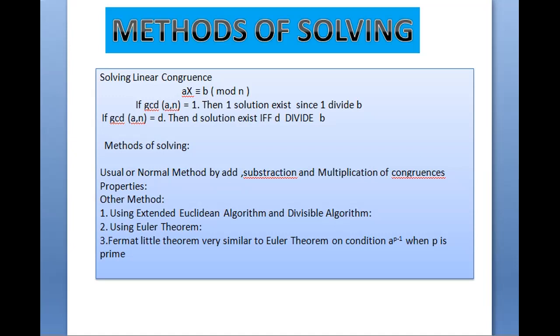Method of solving. The usual or normal method is by addition, subtraction, and multiplication of congruences, using their properties. Other methods: the first one uses the extended Euclidean algorithm and division algorithm. The second is using Euler's theorem.